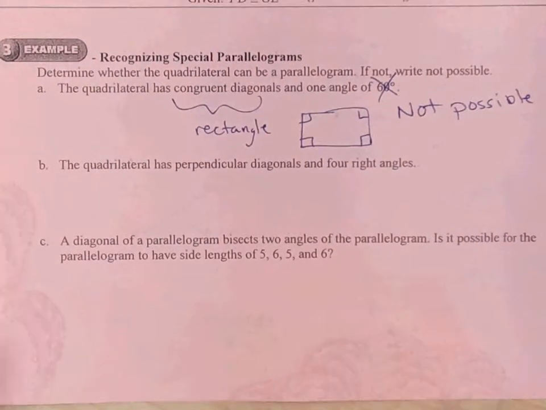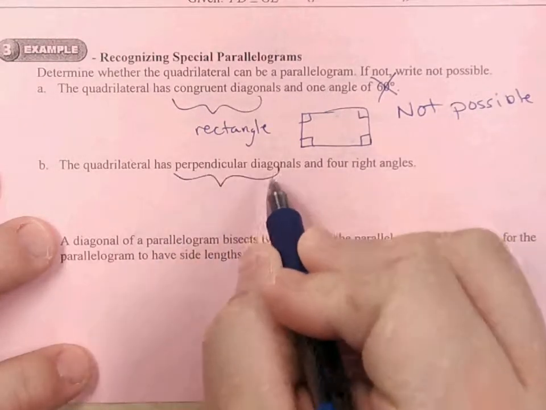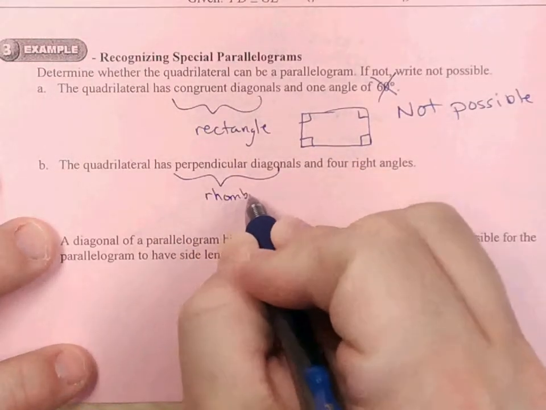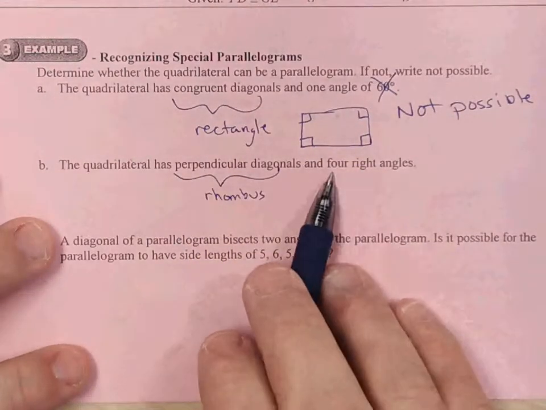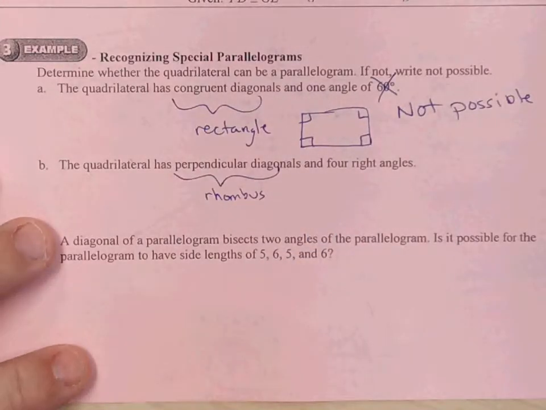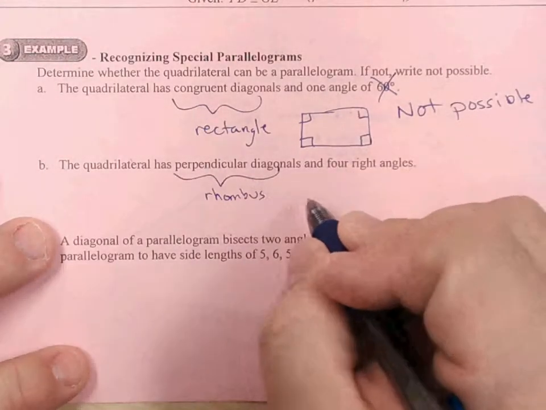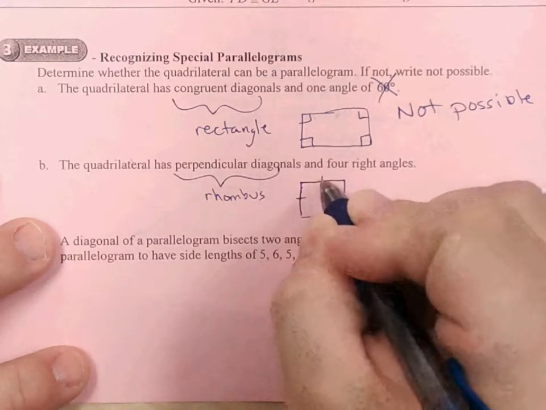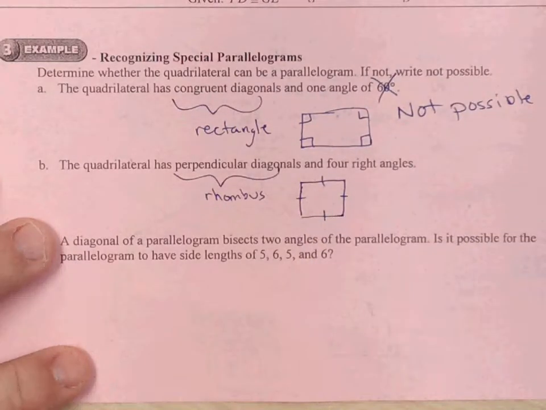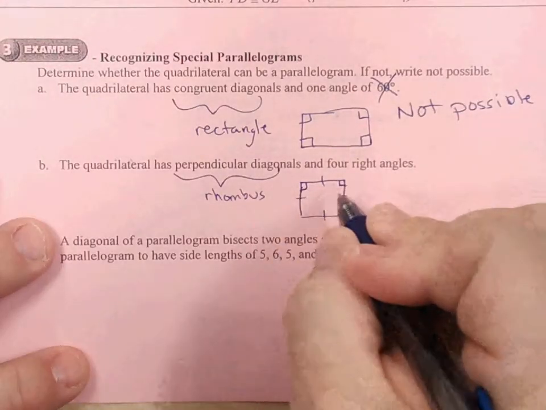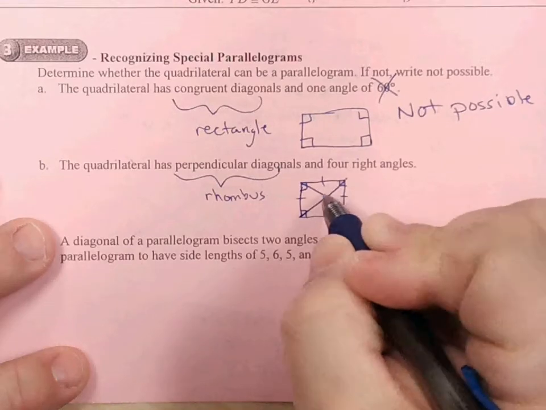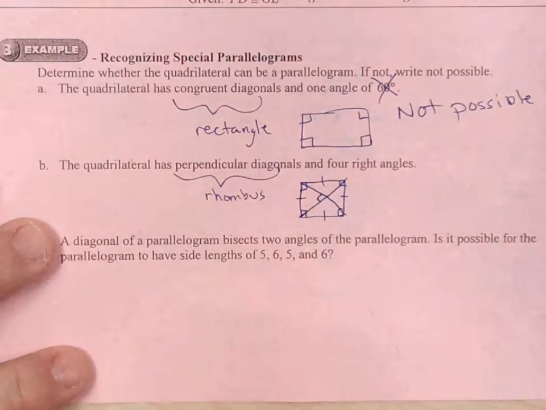Alright, what about a quadrilateral that has perpendicular diagonals? So perpendicular diagonals tell us it's going to be a rhombus. And it has 4 right angles. So can a rhombus, which has all sides the same, have 4 right angles, and then have diagonals that are perpendicular?